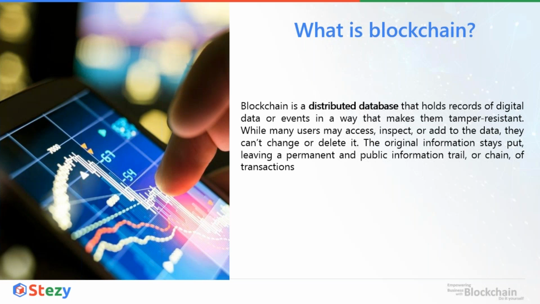So it holds the records of digital data in a way that makes them tamper resistant. Blockchain is tamper resistant. Even if you delete something, people get caught. It is quite tamper proof, because for each of the actions which you perform on your blockchain, a timestamp comes up, and we know who has changed it, and you can also track things backwards.